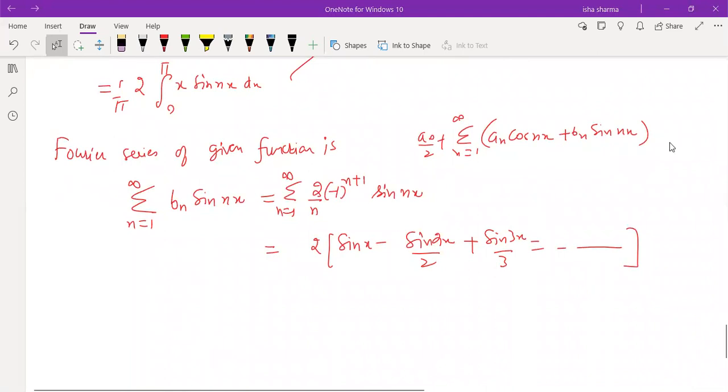You try the integration part yourself, otherwise in the next class I'll solve the same example and show you how the calculation of the integration is done. I'll also try to show graphically how this is merging and giving you the same, with an animation.